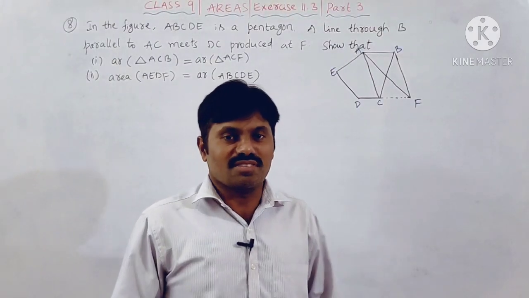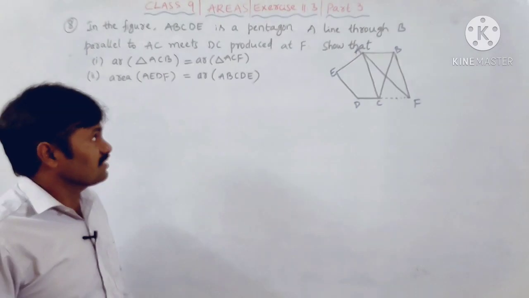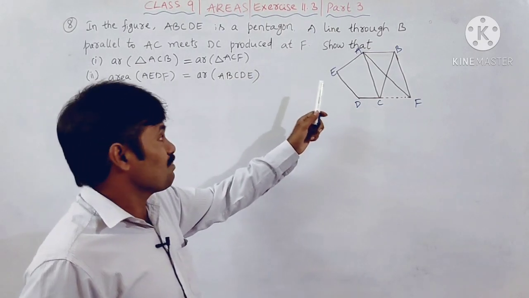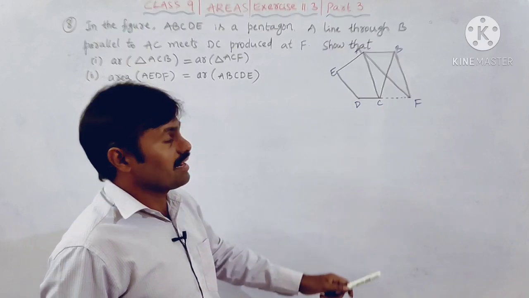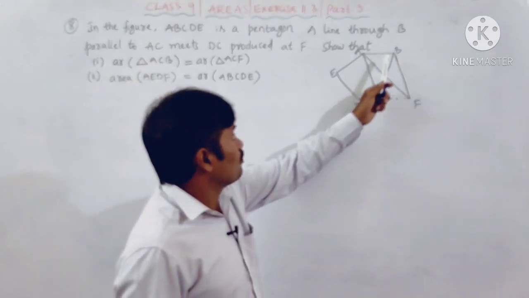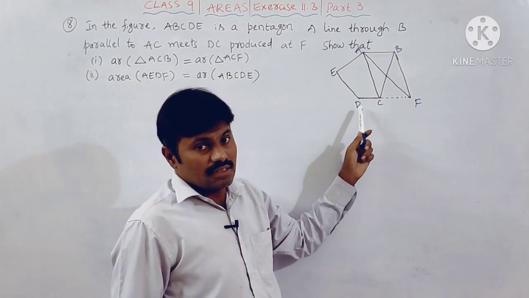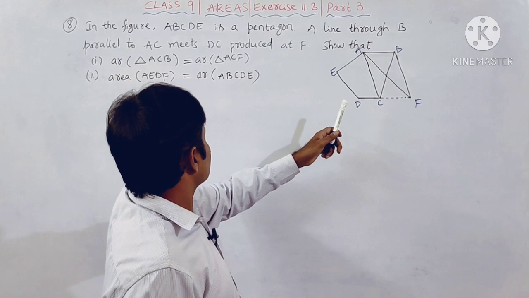Okay guys, now the solution of question number 8. So what is the question given? In the figure, ABCDE is a pentagon, and a line through B parallel to AC is drawn.